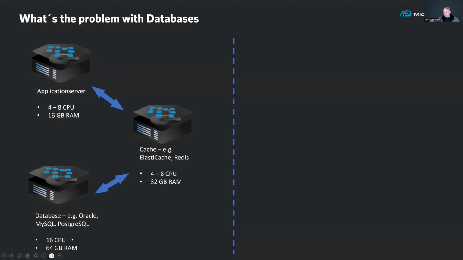Let's say we have terabytes of data, and most of the time, because of the lack of performance, some of you might have something in between, like Elasticache or Redis, to provide the data much faster to the application server. This is an architecture which is quite common in the current world.